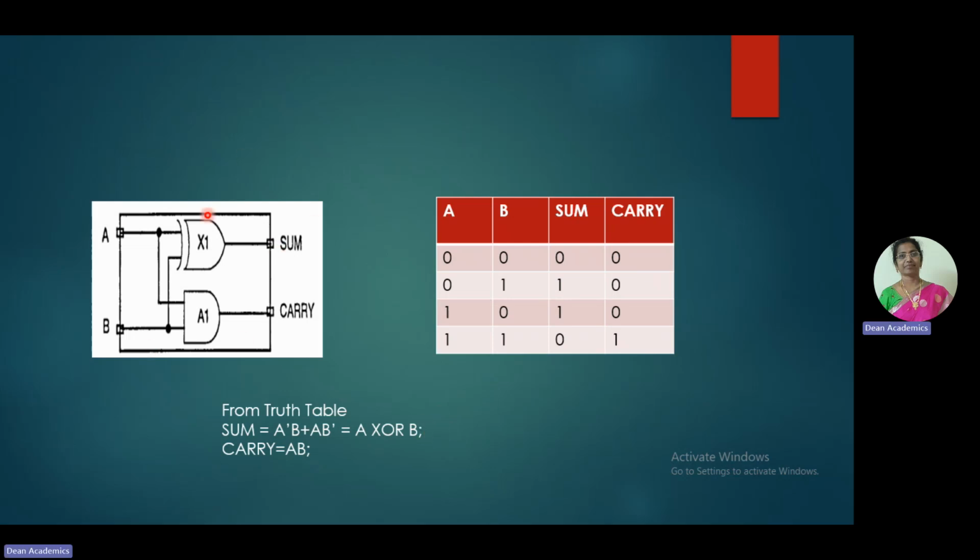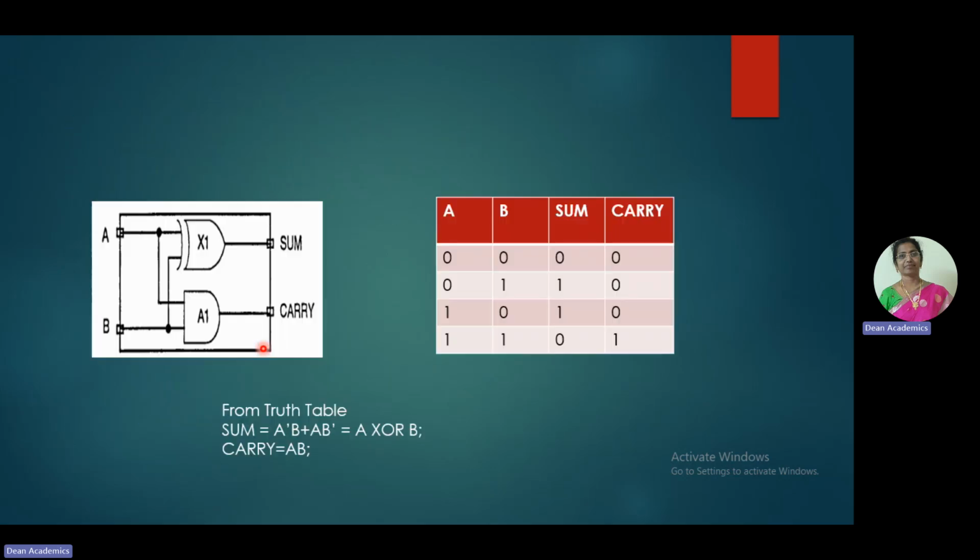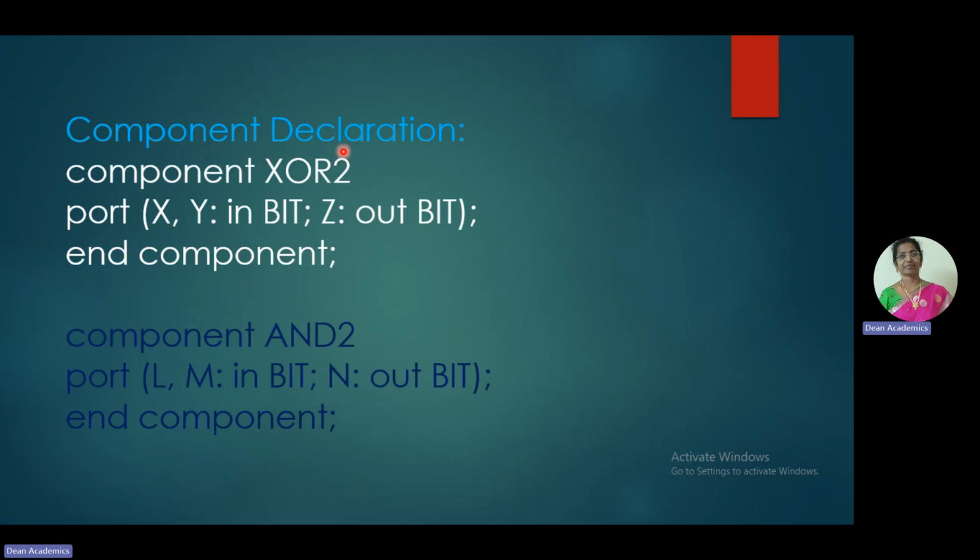And now we are going to write the structural style of modeling, right? In structural style, these are the two components we have here. We need the logic diagram, and logic diagram contains two logic gates. One is exclusive OR gate, second one is AND gate. So therefore, those two components we have to declare in the architecture body. So component declaration we see. Component XR2.